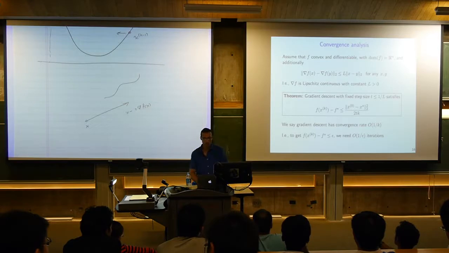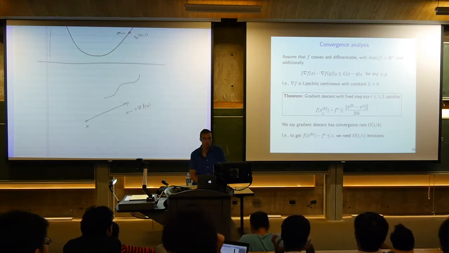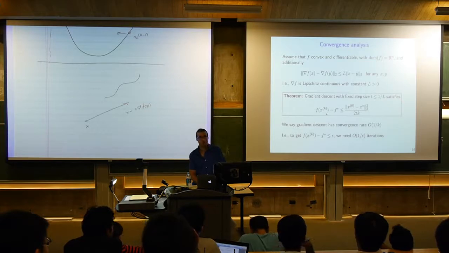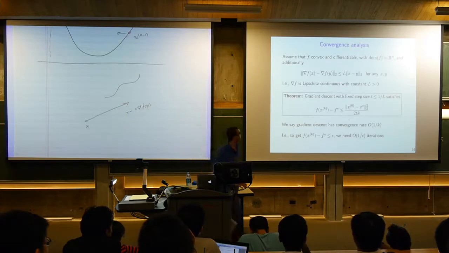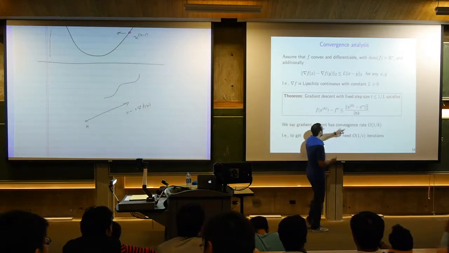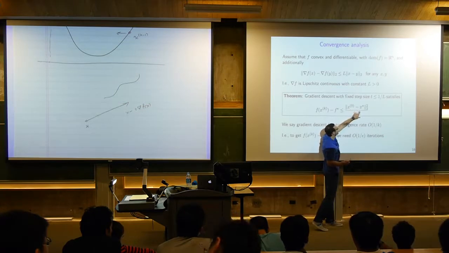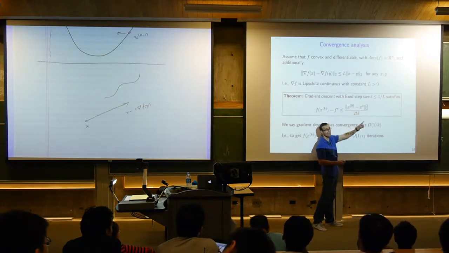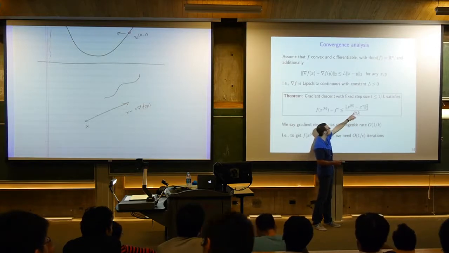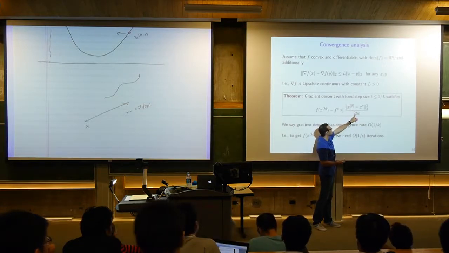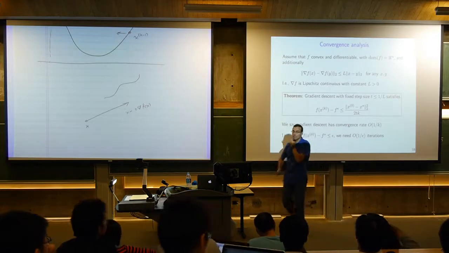At every step k in the algorithm, the difference between the criterion at xk, the kth point we visited in gradient descent, and the optimal value f star is less than or equal to the L2 distance between where we started and a solution x star, squared. This theorem is true for any solution x star, if there's more than one, divided by 2 times t times k.